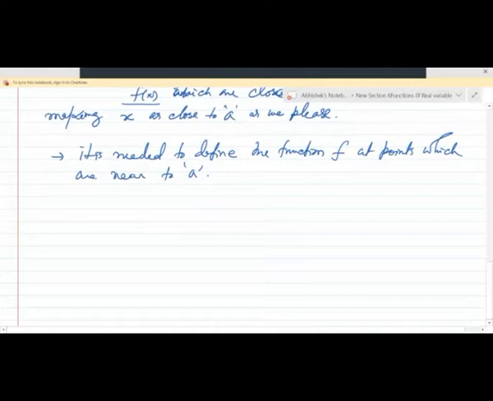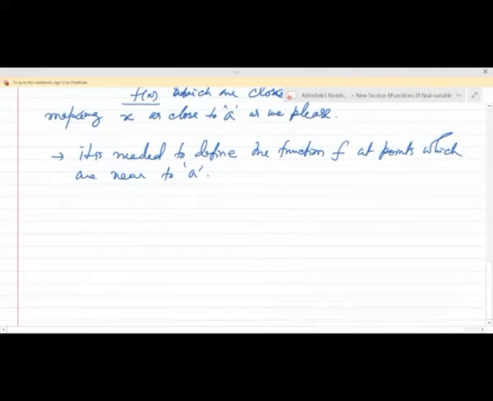But remember, I am not saying that f must be defined at the point a. We are not bothered about the value of f at the point a, but we care that the function f should be defined at the points that are close to a.